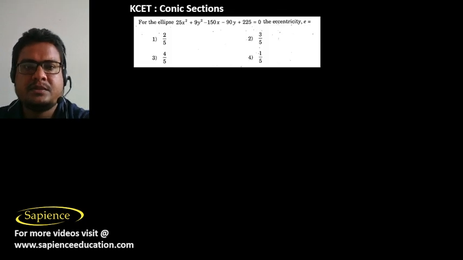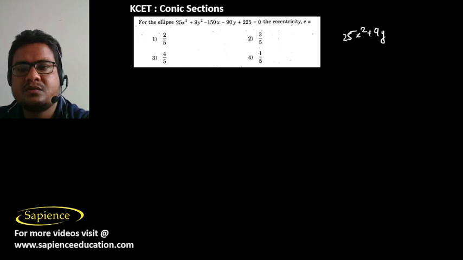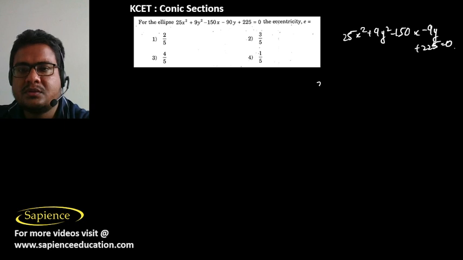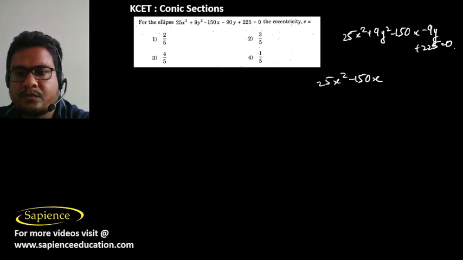Then it is told that for the ellipse 25x square plus 9y square minus 150x minus 90y plus 225 equal to 0, the eccentricity E is how much? So here 25x square minus 150x will be 5. Then this is 5x, so 2 into 5x 10, this is 15. 15 square, that is 225, is 90y.